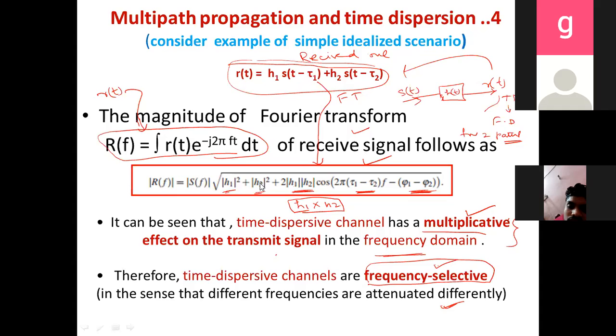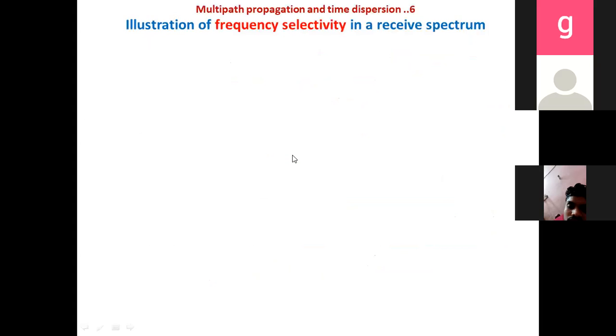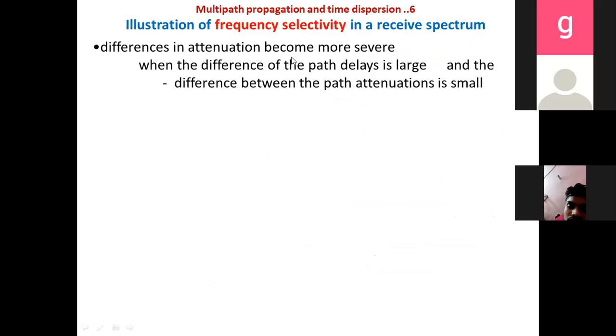H2 is the attenuation of the signal which arrived at the receiver after a delay of tau2. The differences in attenuation become more severe when the difference of the path delays is large and the difference between the paths' attenuation is small. There are three cases here.